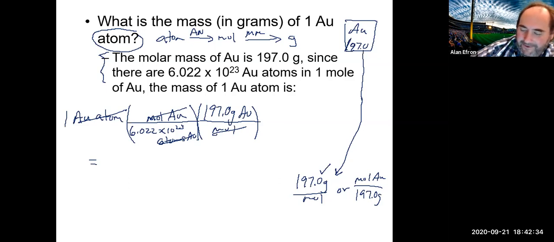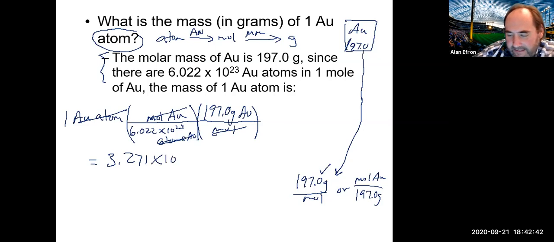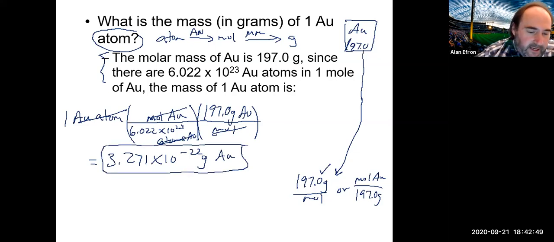I think what we got going on in that box there should be 3.271 times 10 to the minus 22 grams of gold. That is a super small number, and we're talking about, in theory, one individual gold atom. Again, you could get an answer in between here and continue on with the calculation.